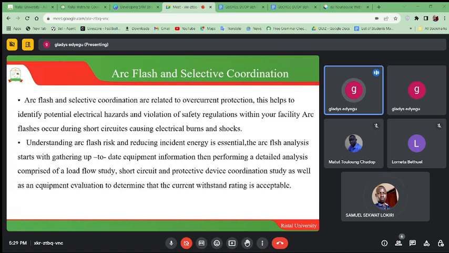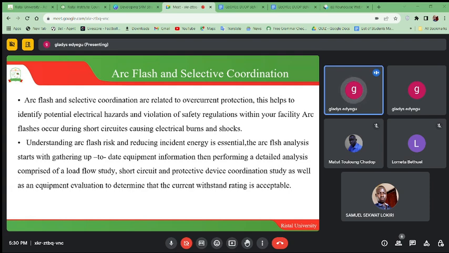So arc flash is basically looking at those flashes where fire tries to spark, and when it sparks, people sometimes ignore it, and yet it is showing us there is a problem. It happens basically when there is a short circuit and can easily cause electrical burns and shocks to people who go near it or who attempt to touch.